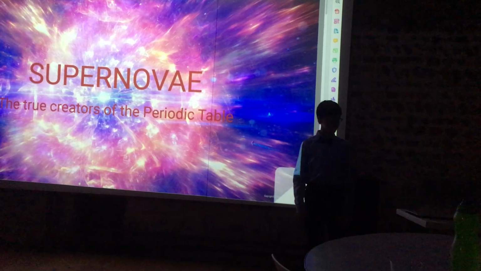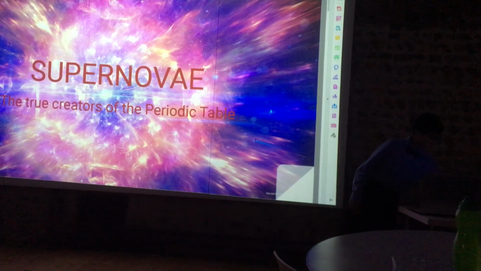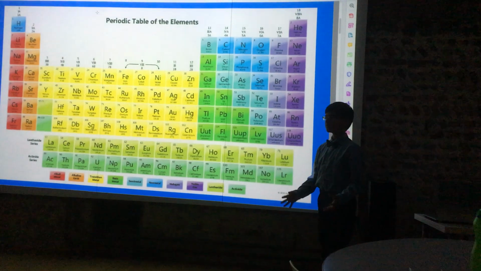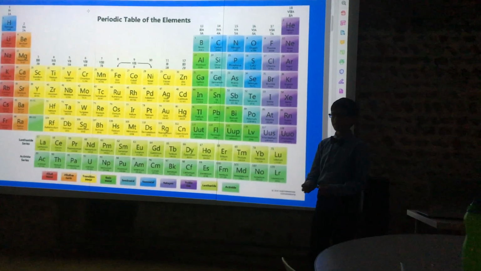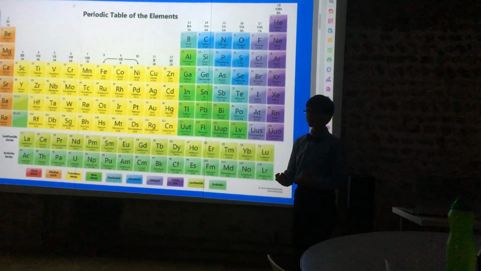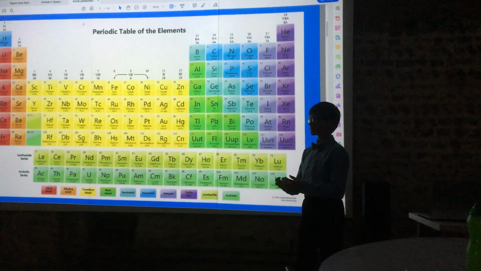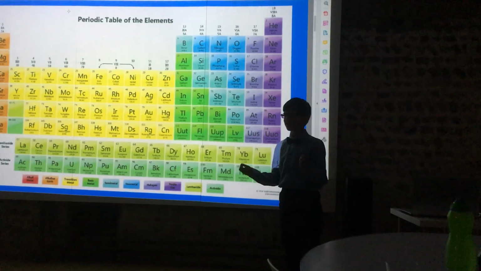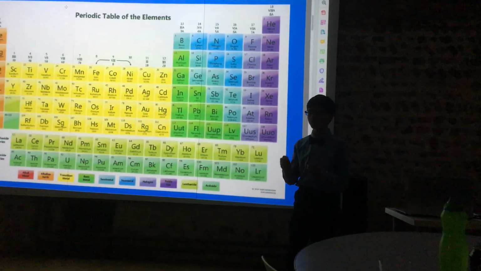Supernovae. The world around you is made out of one, in fact, actually a lot, of the 92 naturally occurring elements on the periodic table. And the question is, how were those elements formed?